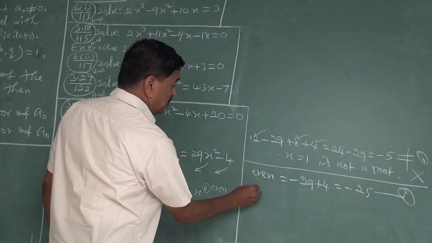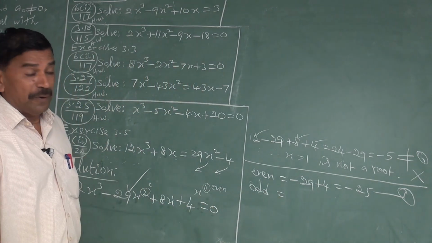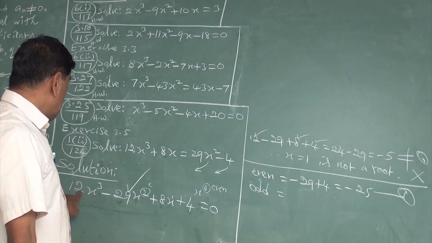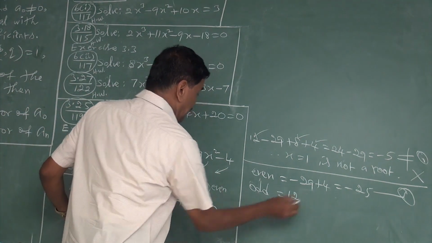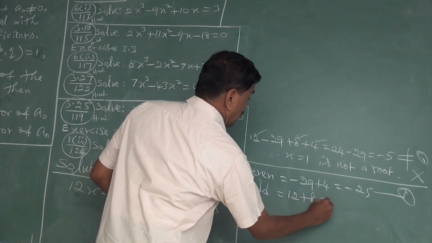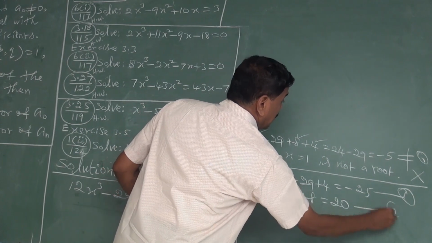Now the sum of coefficients of odd powers. The x cubed coefficient is 12. Next, the odd power x coefficient is plus 8, which is equal to 20. Let it be the second equation.